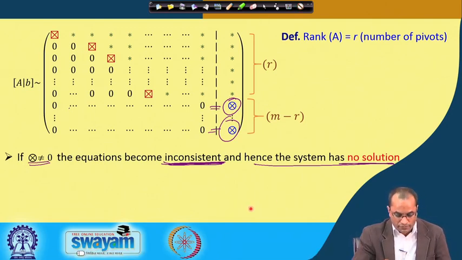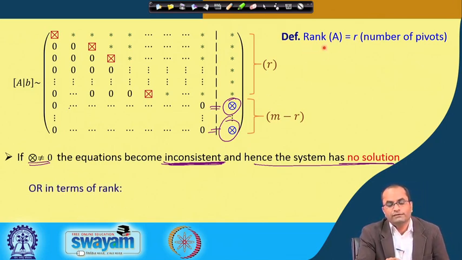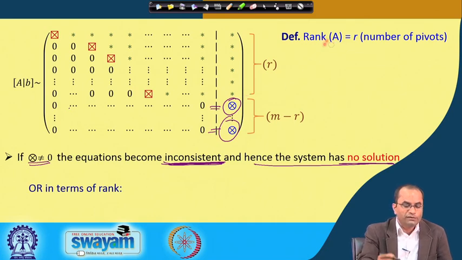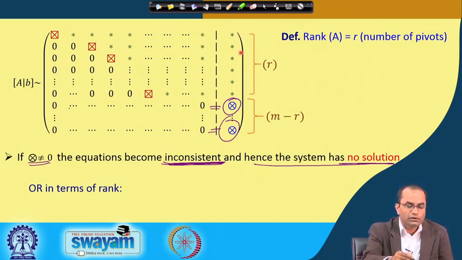Or in terms of the rank, we can define it now, because we have already defined the rank of the matrix by this number r. We will always be talking about this corresponding to the matrix A, the first part of this augmented matrix, and the second one, this column, was B, and the whole matrix we are calling A B, the augmented matrix.